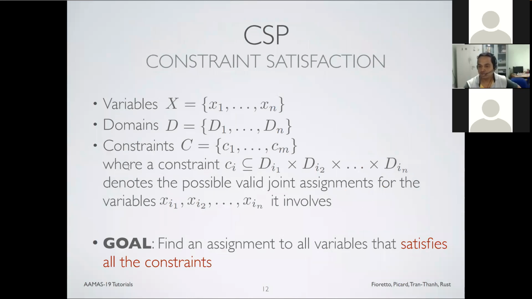So the constraint is that combination which is not feasible, or through which you cannot achieve your goal.